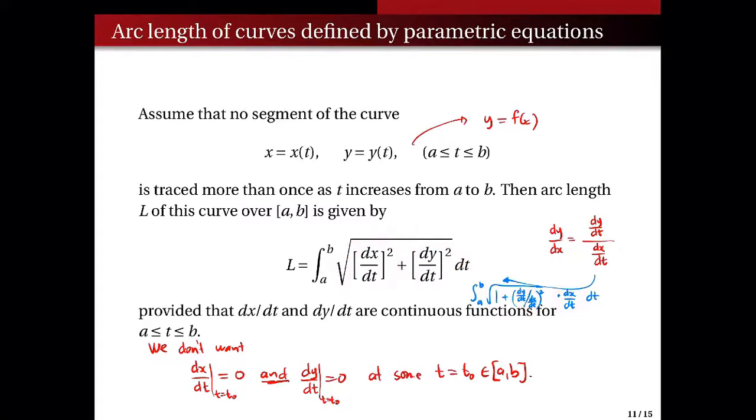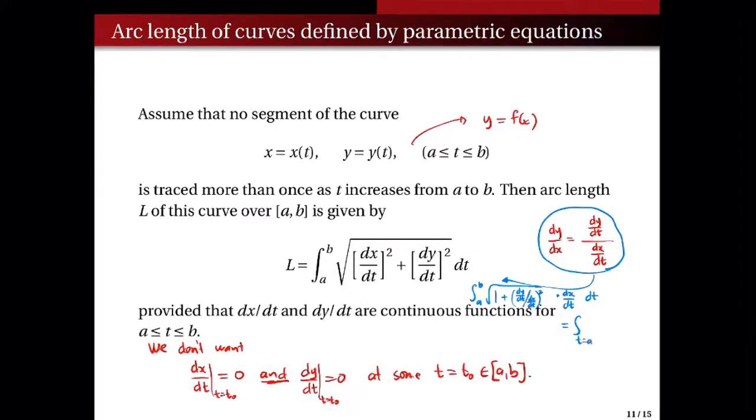And there's still this dt here from this guy here. So notice, we use this guy. Simplifying, you will get the integral from, take note of this, t equals a to t equals b, okay?